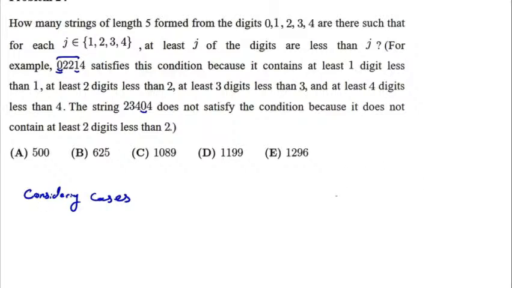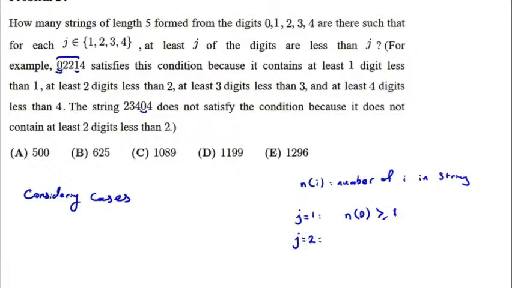So let's see here what it is. Consider n of i as the number of i's in the string. So for j equal to 1, the number of digits less than 1 means 0, so n0 is at least 1.